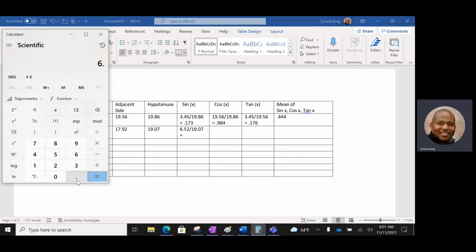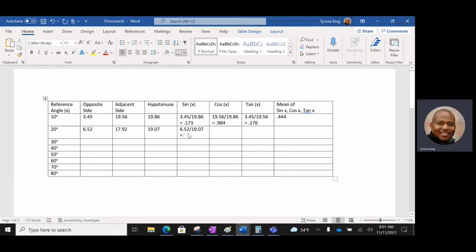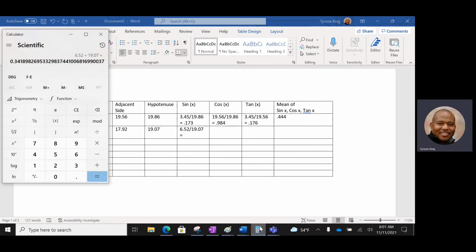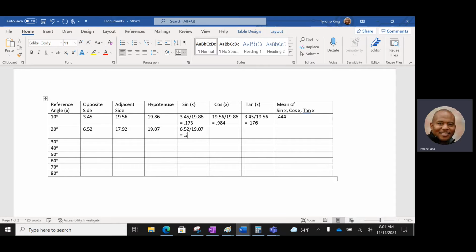So 6.52 divided by 19.07. That's going to be 0.342 if I round it to the nearest hundredth.